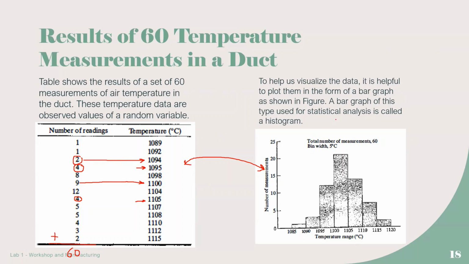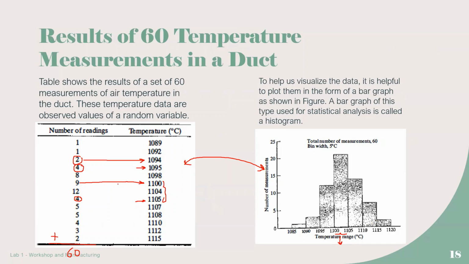Here we have another graph which helps us visualize the data better. How do we read it? We have an interval here, as you see. This is the bin interval, and it corresponds to this interval, right?